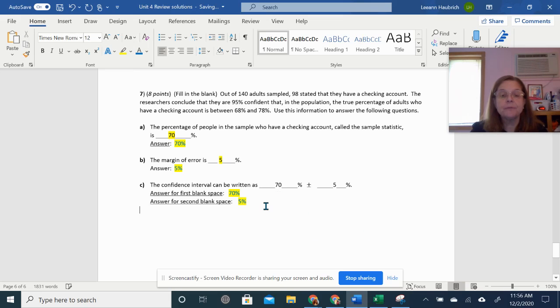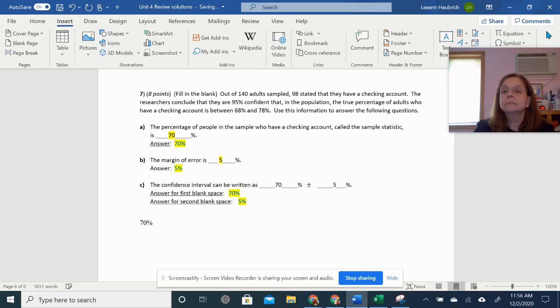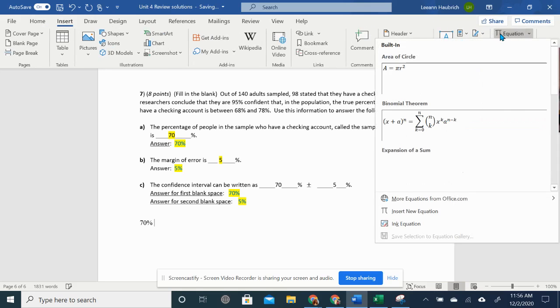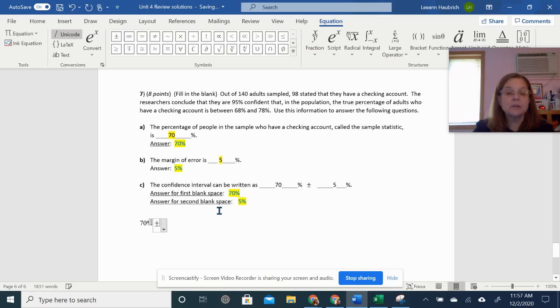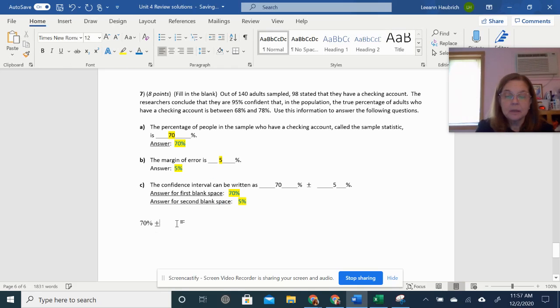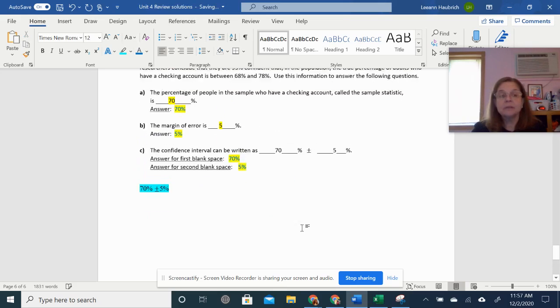So I would prefer to write this myself. If I were writing it, I would do 70% plus or minus. I actually like this way of writing it better, but it doesn't make a difference. So there's the whole quiz.